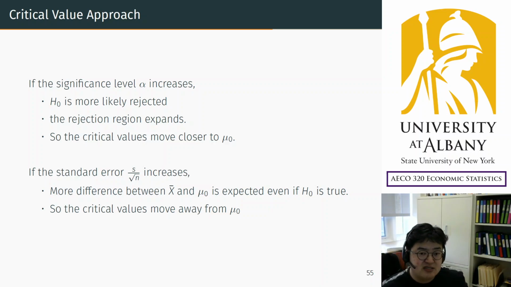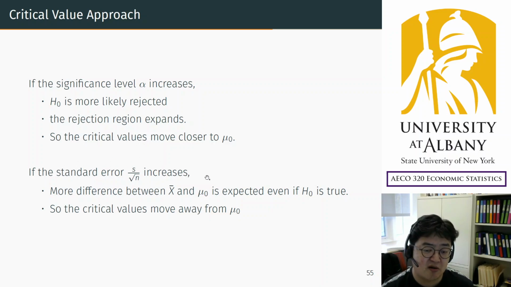So the rejection region should expand and the acceptance region should shrink. That means the critical values move closer to mu zero, or the margin should decrease. You are more rejecting the null hypothesis.